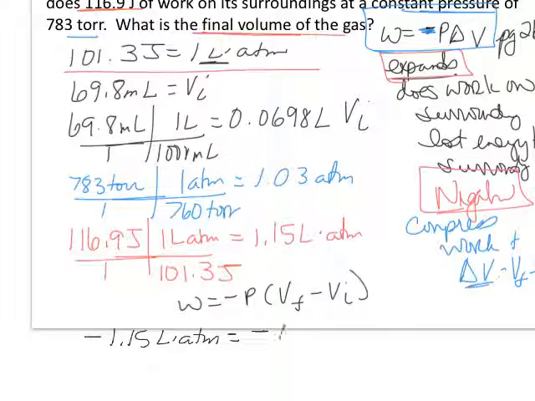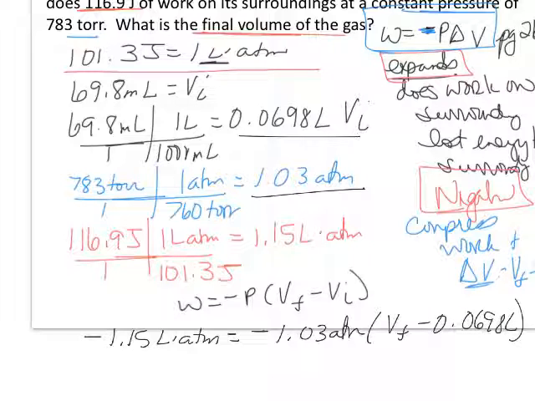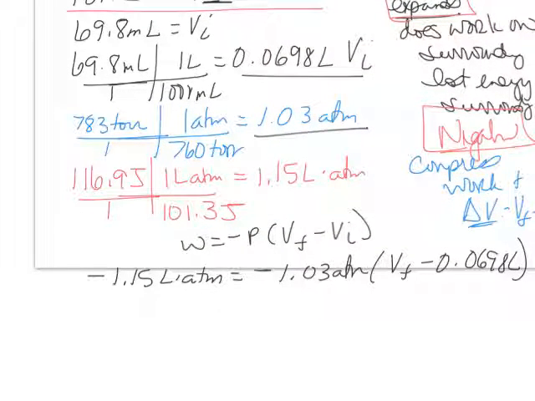The pressure is 1.03 atmospheres, which we did our conversion for, and then V final is what we're looking for, and then we're going to subtract V initial in liters, and we did this conversion here, so minus 0.0698 liters. When you put that in your calculator, you get 1.19 liters equals your final volume.